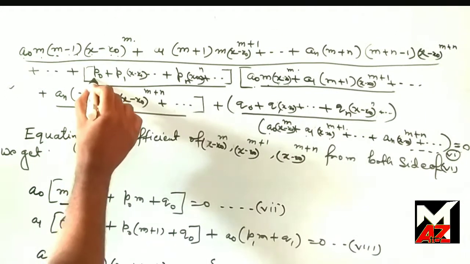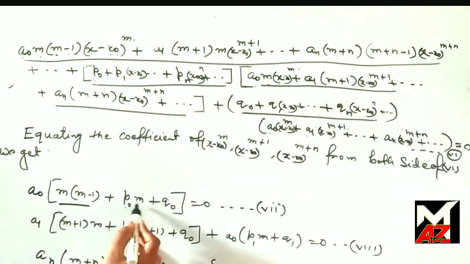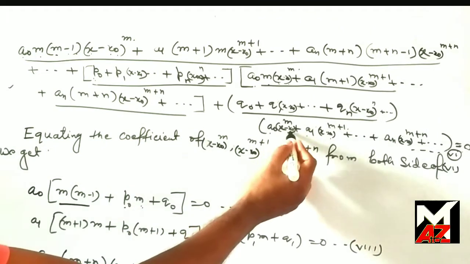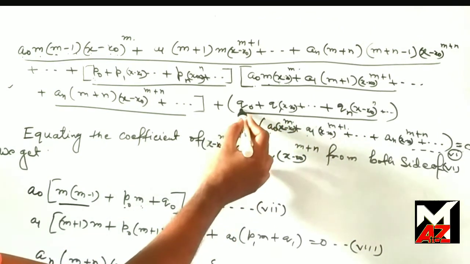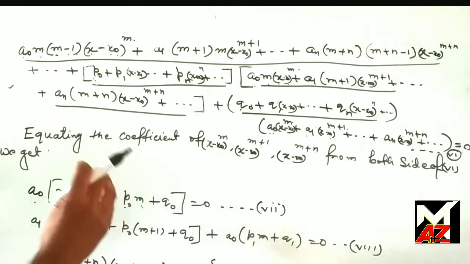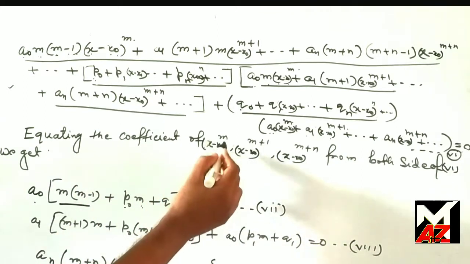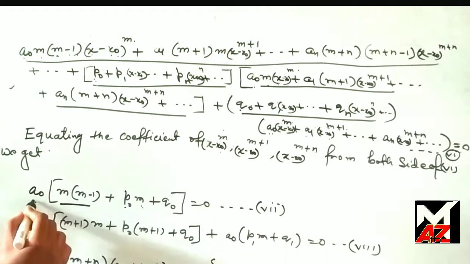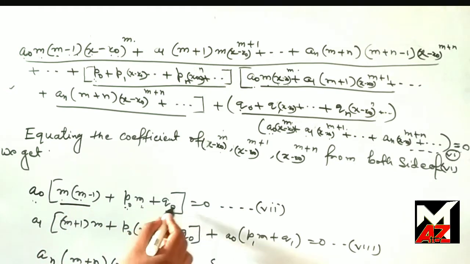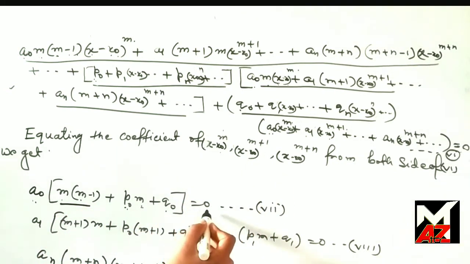So this is p0 a0 m. Also we get q0 into a0, and taking a0 common, the coefficient of (x minus x0) to the power m is a0 into [m(m minus 1) plus p0 m plus q0], and the right side is obviously 0. The name is 7.